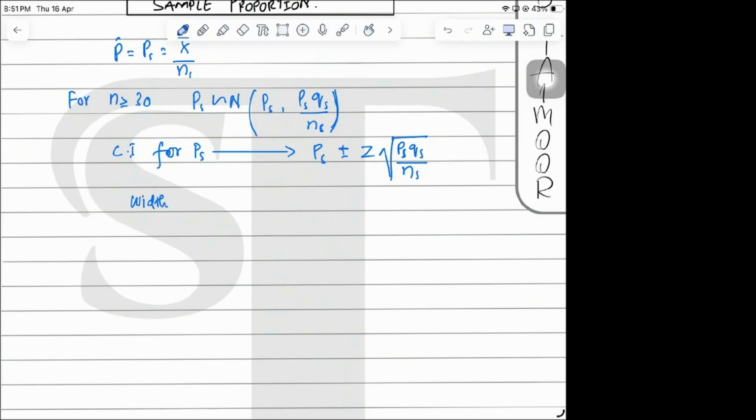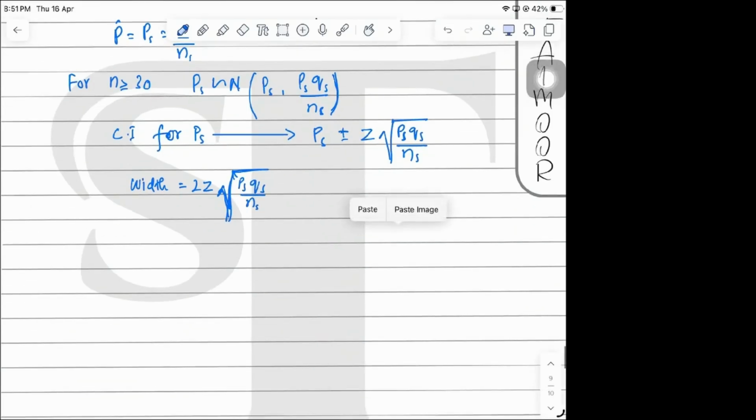And what about the width? The width is 2z square root of PsQs over Ns. Okay. And the continuity correction for this sample proportion?